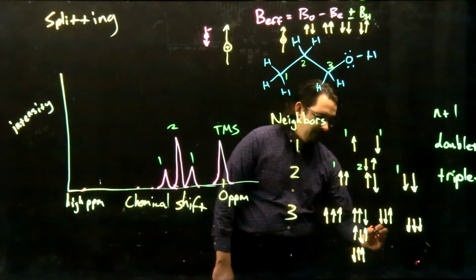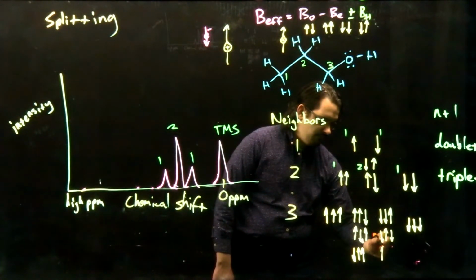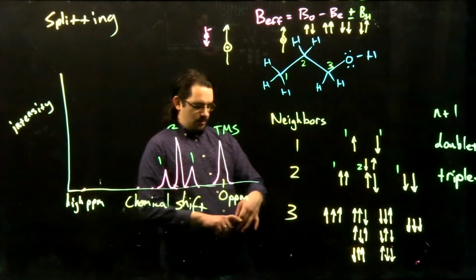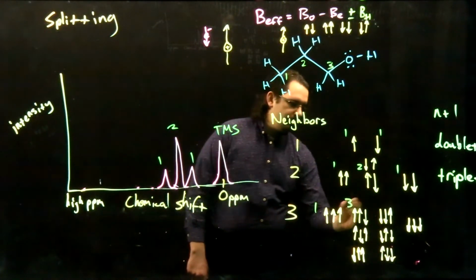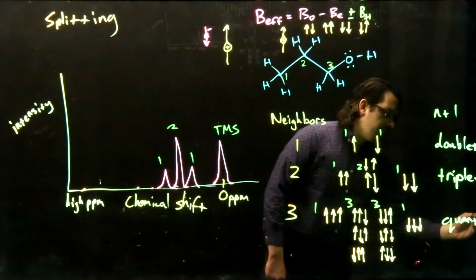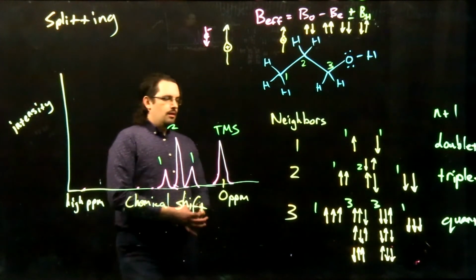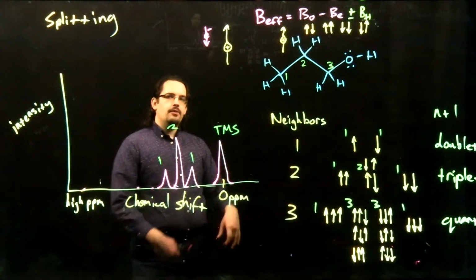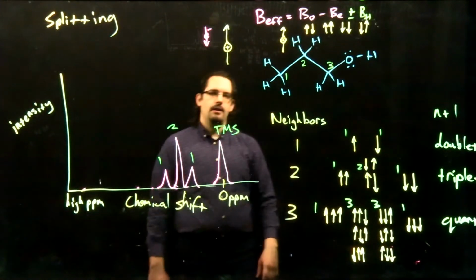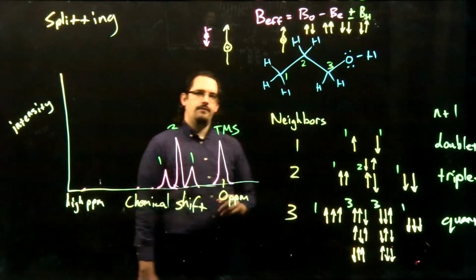And there's multiple different possibilities for that. So we end up with this 1 to 3 to 3 to 1 ratio, and we would refer to this as a quartet. Okay, and then of course this could continue if you have more neighbors. You would just be adding more possibilities and then more different peaks that you're splitting into, following the standard n+1 rule.